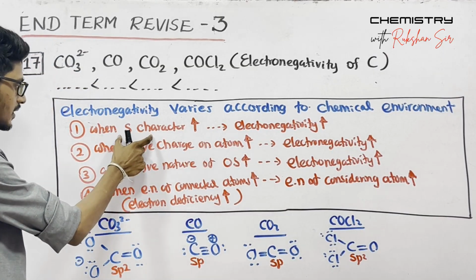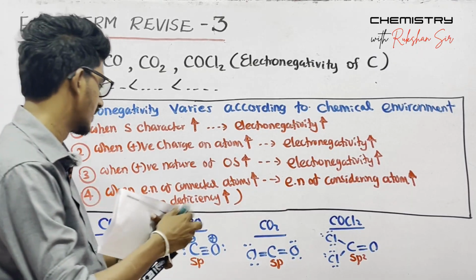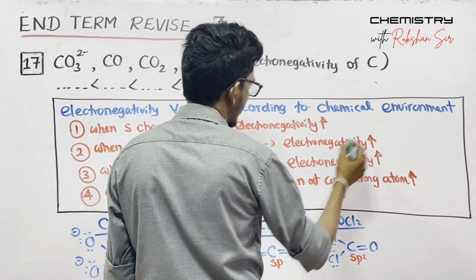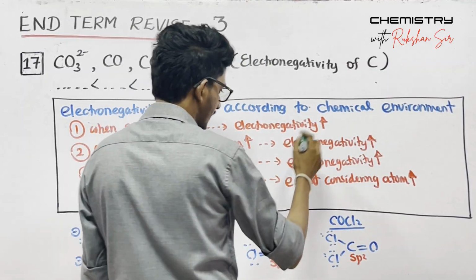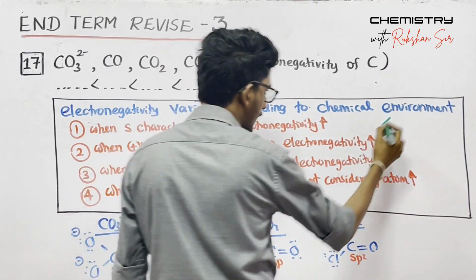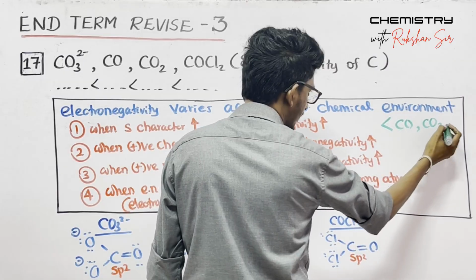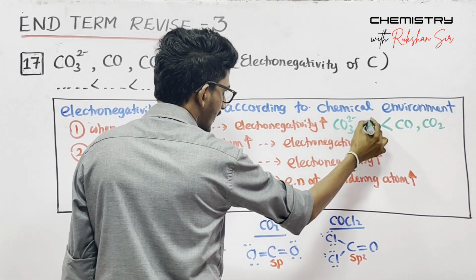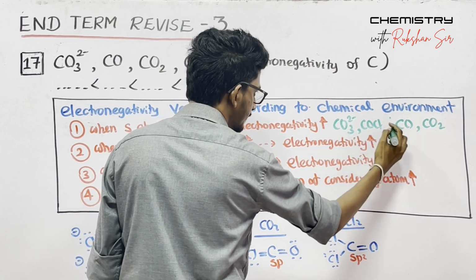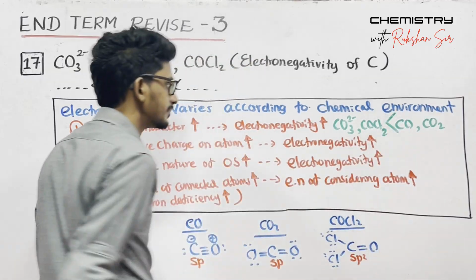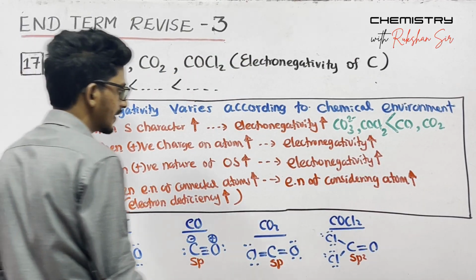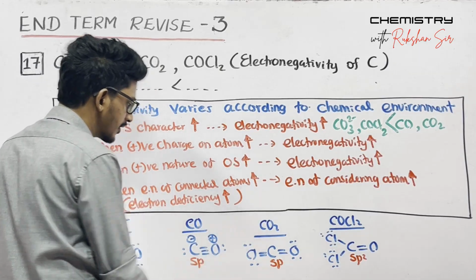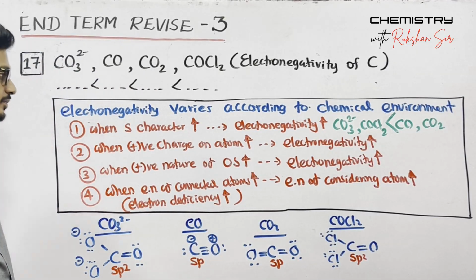According to the first factor, carbon monoxide and carbon dioxide are with greater affinity than the carbonate and COCl2. Then we can place these two guys according to the second factor, the positive charge of the atom.